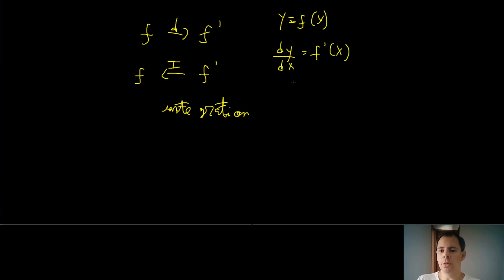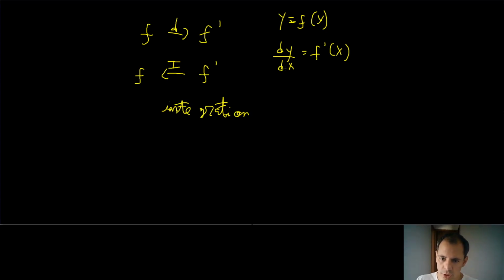What is dy? dy is a very small amount of change in y, and dx is an infinitesimally small amount of change in x. How small? Infinitely small.